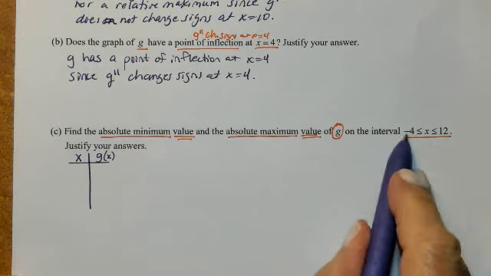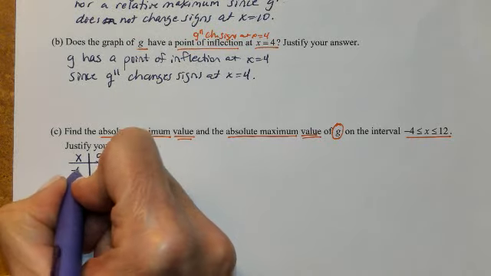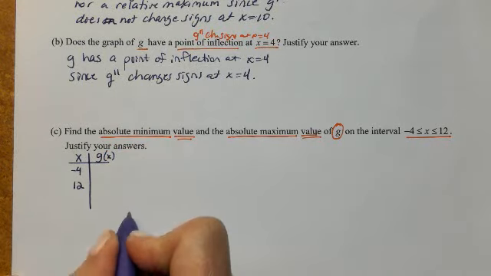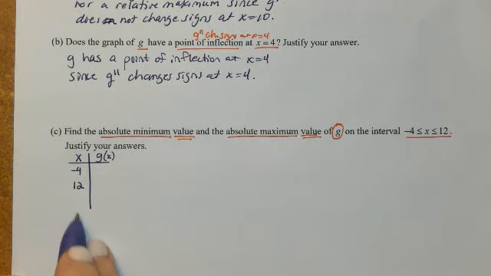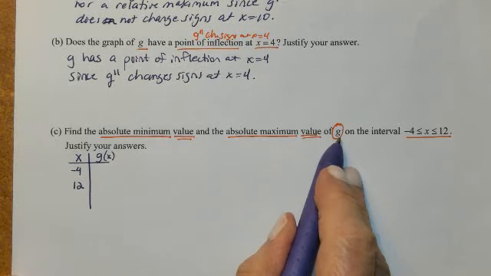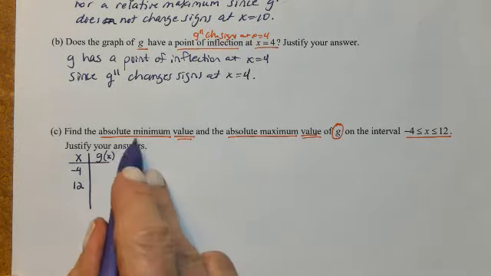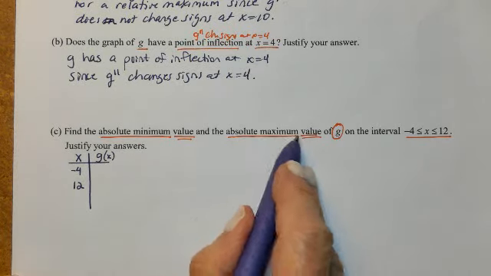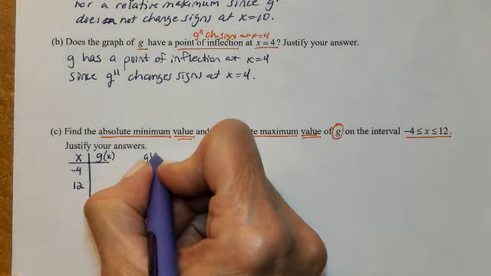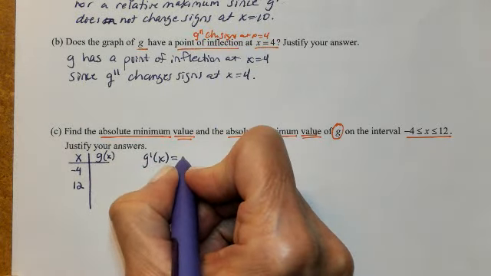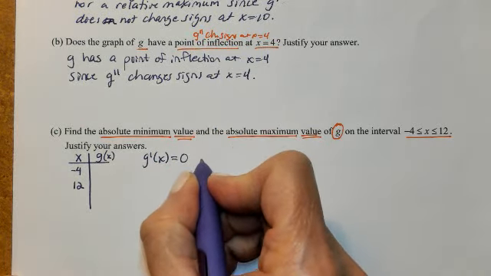Under our x values, we need to start with our boundaries, -4 and 12. And then we need to put our critical numbers. A critical number of g is any value of x that makes g prime 0 or undefined.